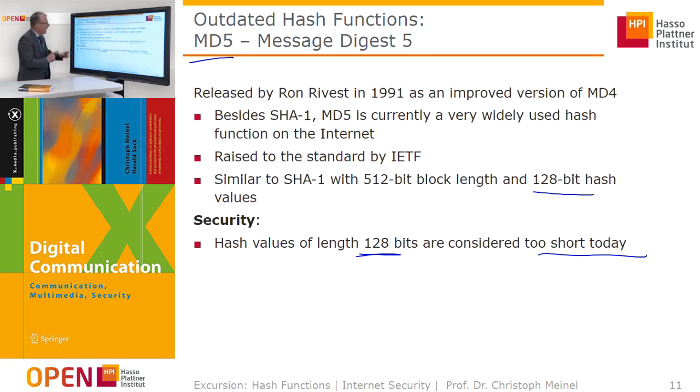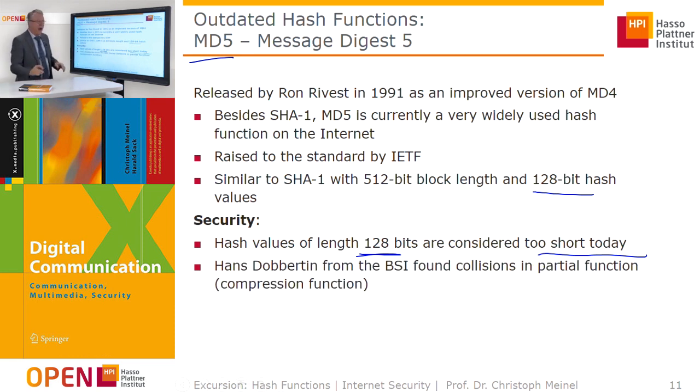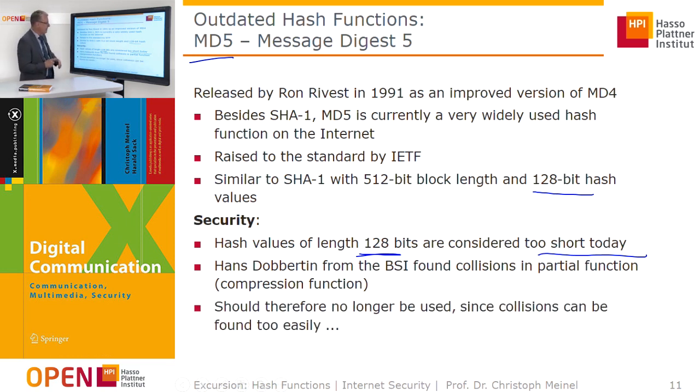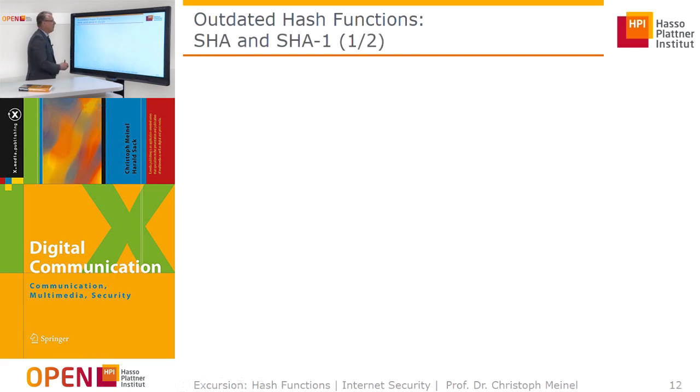MD5 is considered too short, and Hans Dobbertin from the German BSI found a collision in a partial function, the compression function, so attackers are able to produce collisions and in this way break these hash functions. So please do no longer use MD5 in your applications because you are not sure. The same is true for SHA-1.